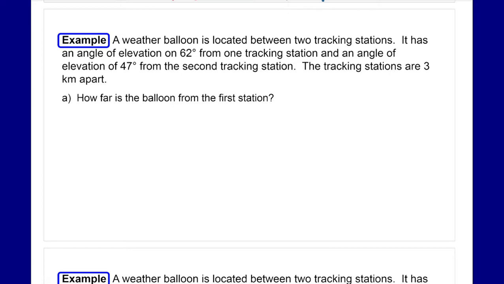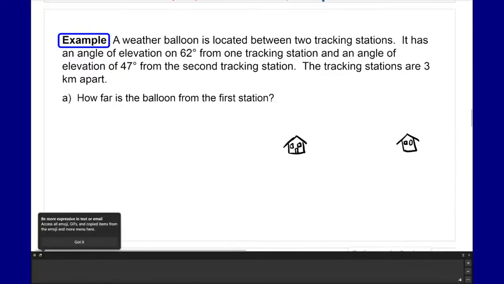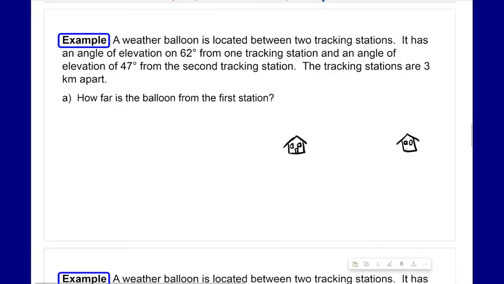Just to start, we're going to draw our two tracking stations. Maybe they're just houses. So we have our two tracking stations. There's one. There's another one. They're 3 kilometers apart.